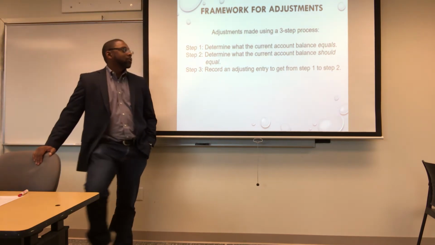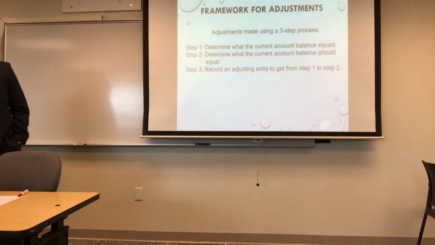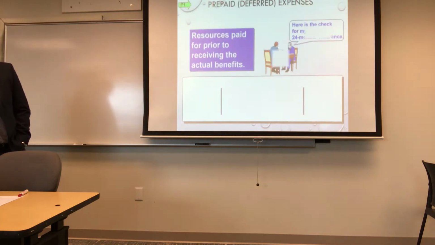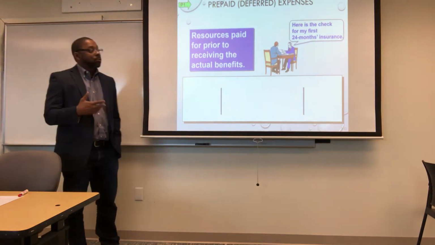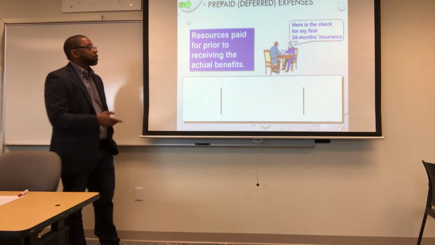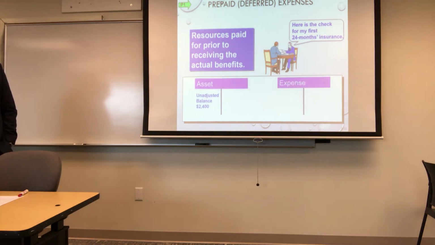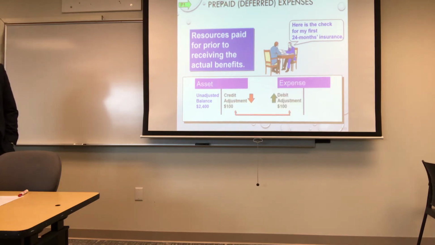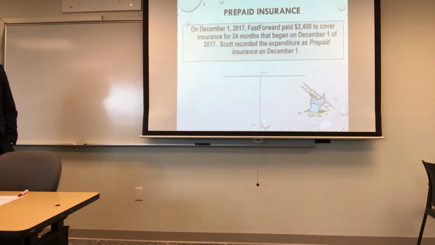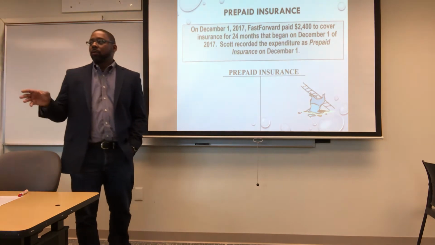And record an adjusting entry to get from step 1 to step 2. So let's look at prepaid, right? So prepaid insurance, we just did an example of this, but I want to show it to you. Say same scenario that we just looked at.